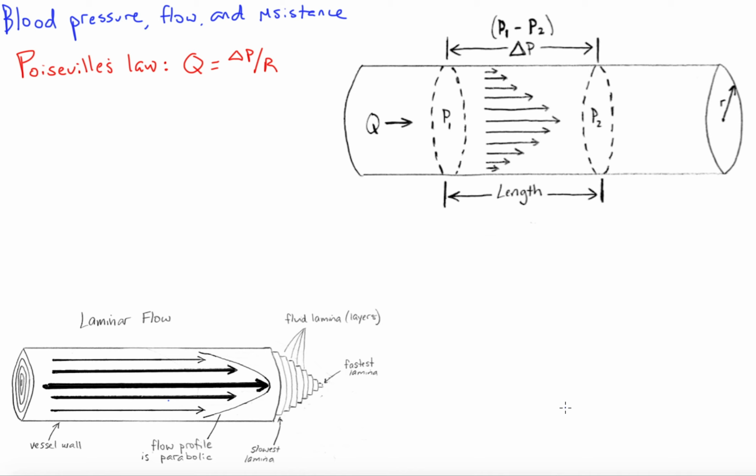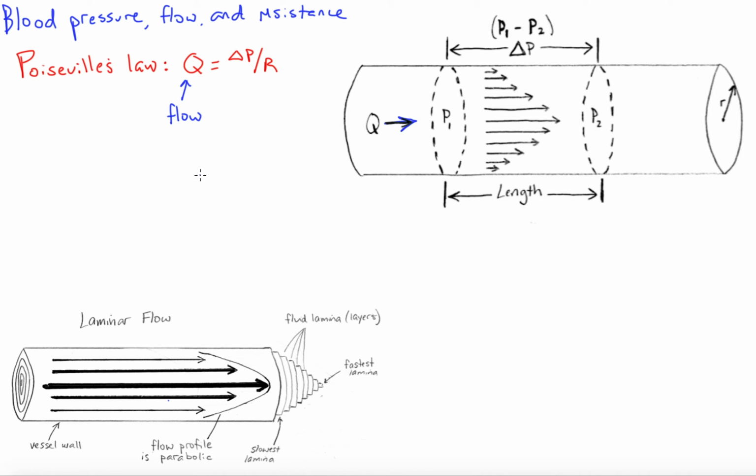And that's related by what we see here in Poiseuille's law, right? Poiseuille's law states that Q, which is really flow, is over here, indicated by this arrow. So flow equals the pressure gradient divided by the resistance.